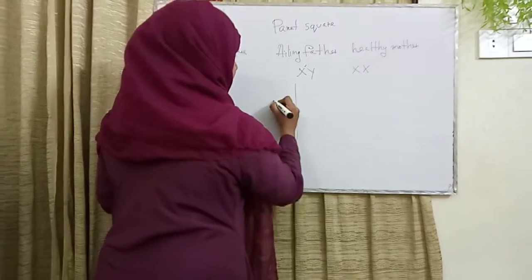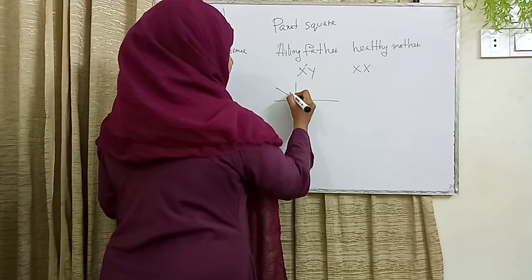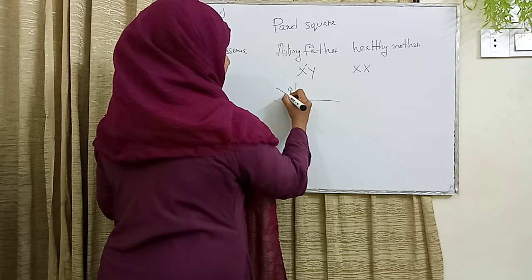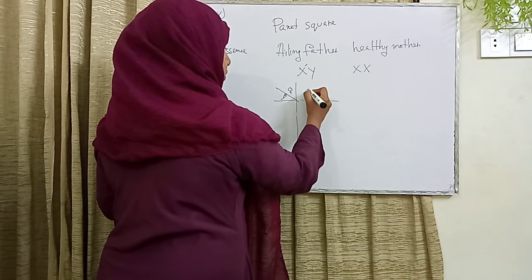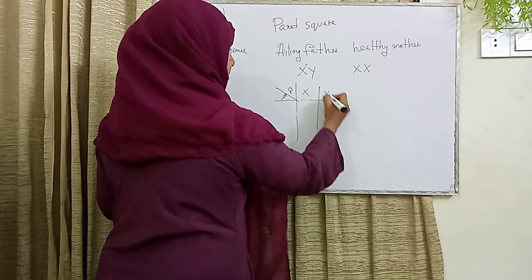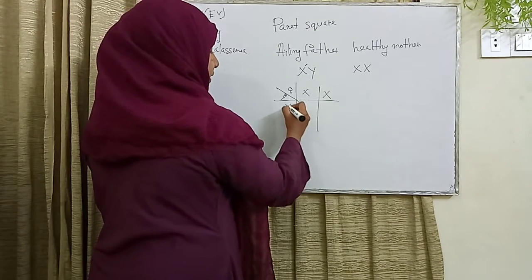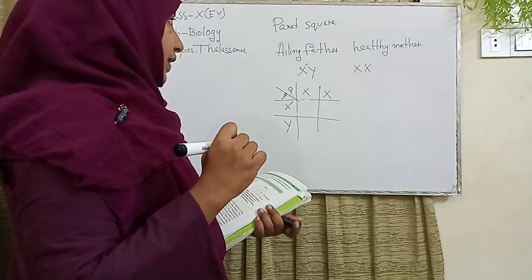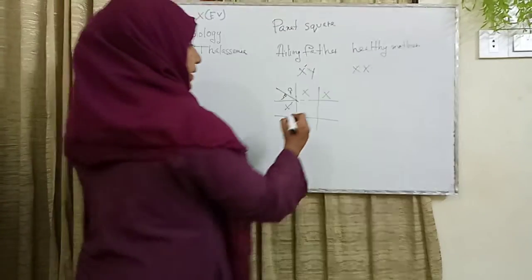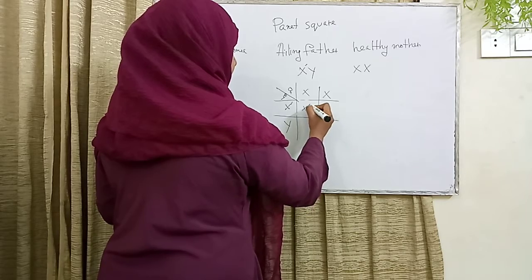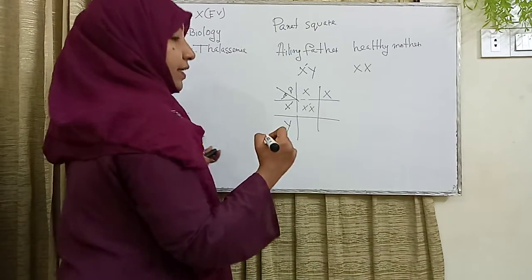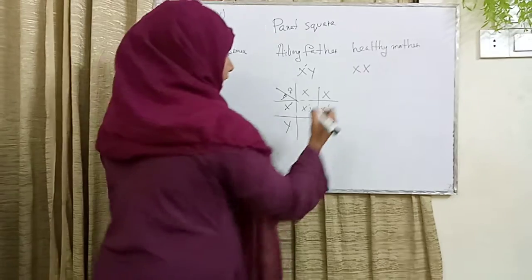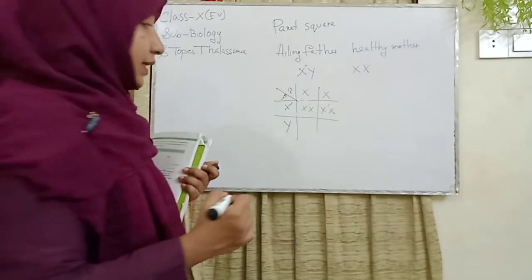Now I draw the Punnett square with the mother structure and the father structure. The healthy mother is X and X, and the ailing father is X prime and Y. The healthy mother with X prime and X is a carrier mother, and again X prime and X is a carrier mother.